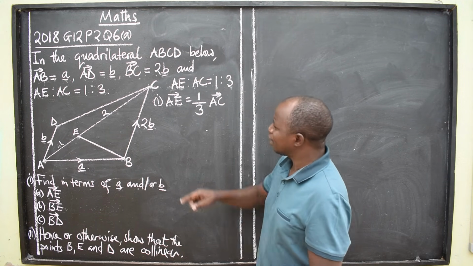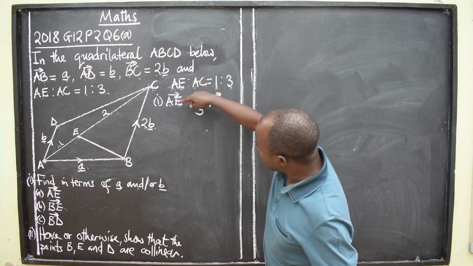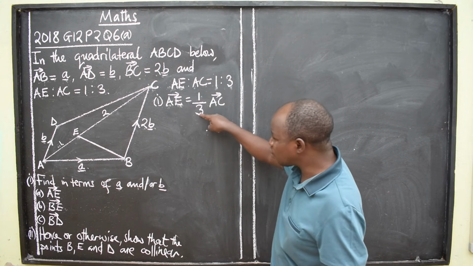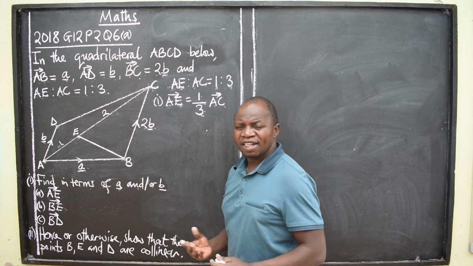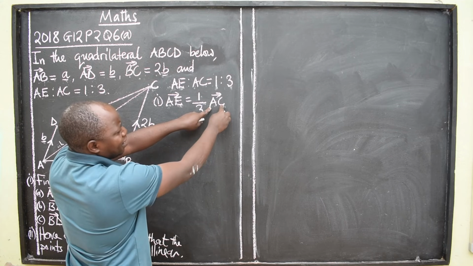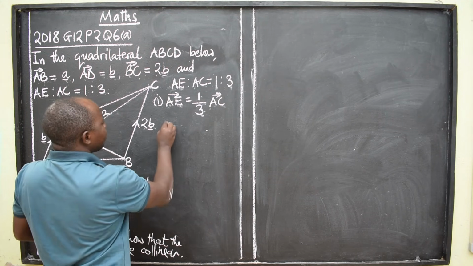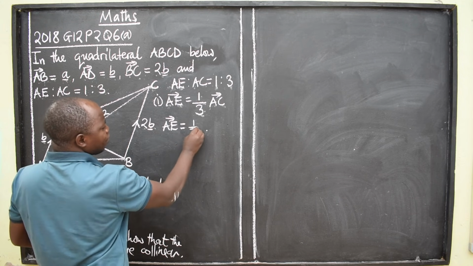Are we together? So when you are changing AE, the first number represents AE over the total, then this total as a vector AC. Then we are going to replace where there is AC. We find the vector. So AE will be equal to 1 over 3 AC.